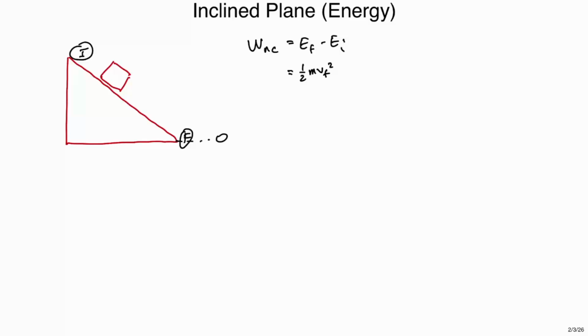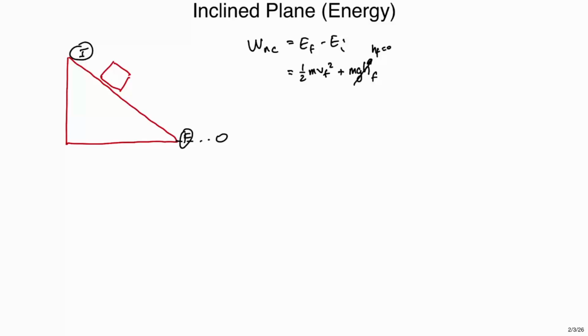What other kind of energy could the skier have? Potential. Does the skier have any height at the final position? No, we put 0 there, right? The final height is 0. The final position is at the 0, and so that makes that whole term go away to 0.